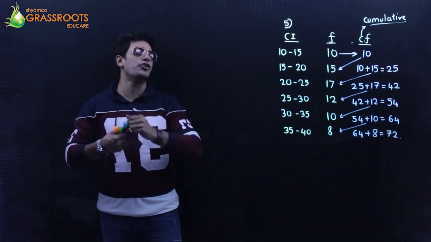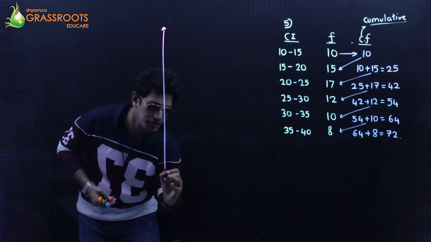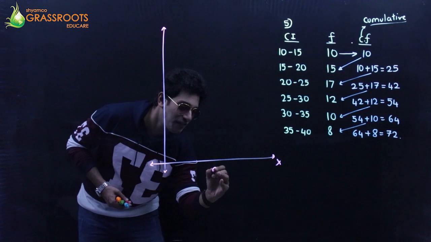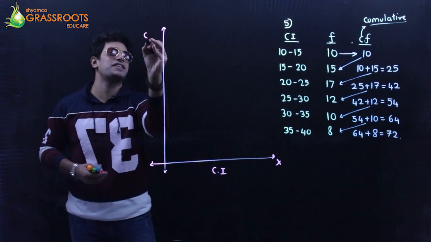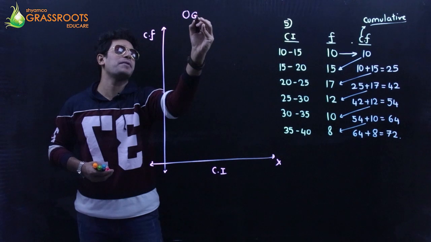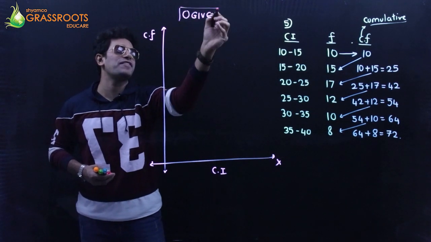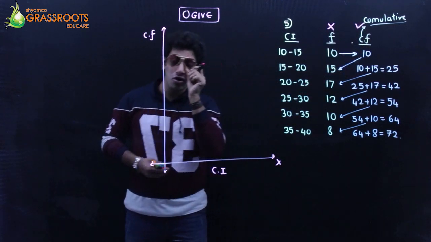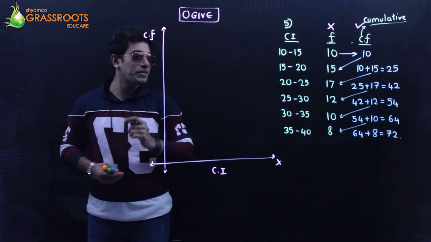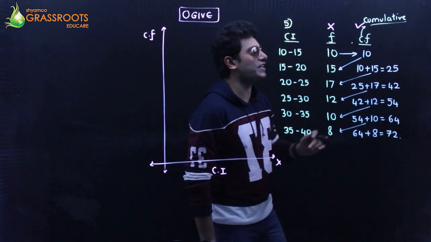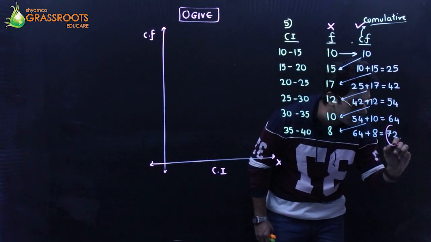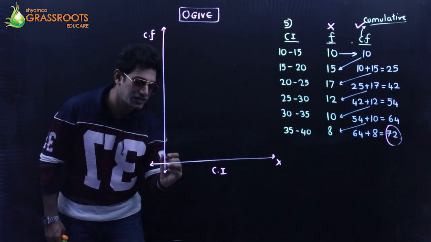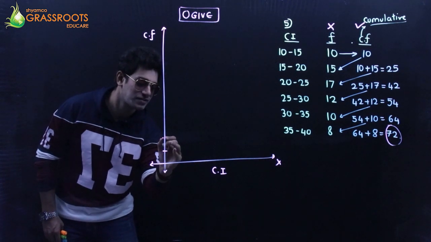We need to draw an ogive for this. On the x-axis, we have class interval. On the y-axis this time, for the ogive, do not draw frequency, only draw cumulative frequency. The maximum cumulative frequency goes up to 72, so you can take a gap of 10: 2 centimeters as 10 units on the y-axis.